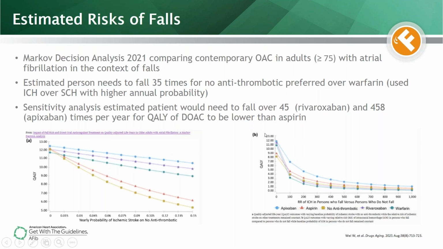And as the relative risk of intracranial hemorrhage increased, it was apixaban that performed best, or at least equal to aspirin.